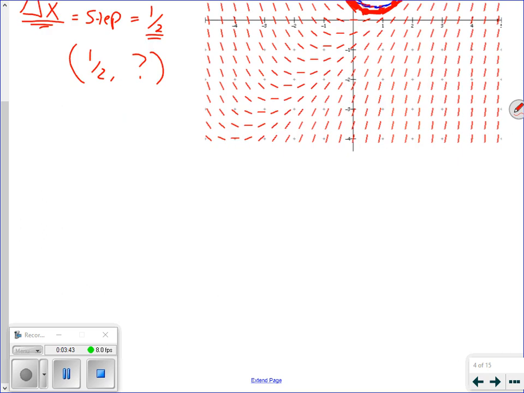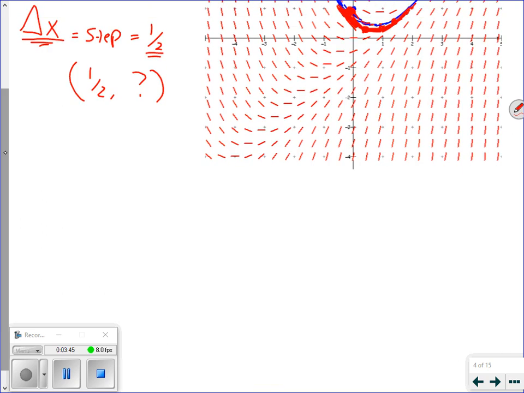Well, this is essentially how we're going to set it up. I'm going to set up a little chart like I did with the slope field lesson. I'm going to put x comma y here, and I'm going to put dy over dx right here. Well, I know that my initial point is 0, 1.